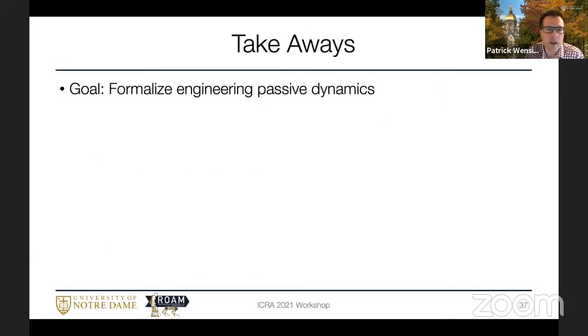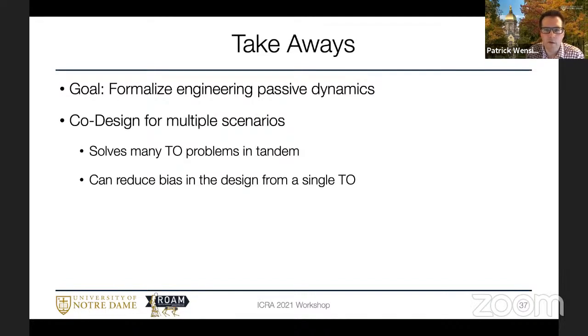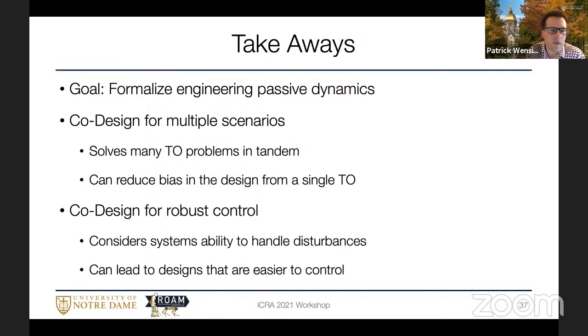So, takeaways: I'm looking to formalize the process of engineering passive dynamics. We've first seen how we could use co-design for multiple scenarios to ensure that our passive dynamics are versatile across those. And then we've looked at how we can think about design and control together to ensure that our design is, in a sense, partially passively robust to these disturbances, and that we can soak up the rest through control.